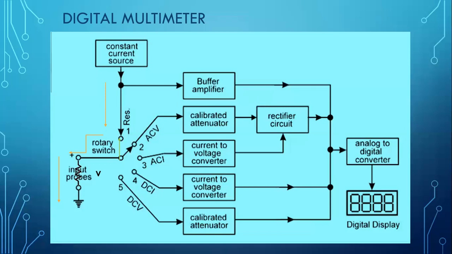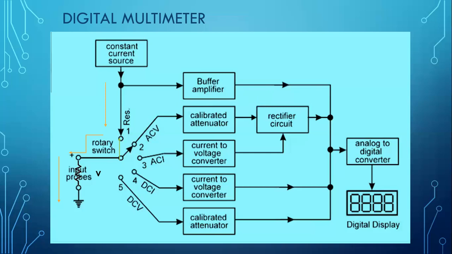The analog to digital converter converts that analog voltage into a proportionate digital signal, which is supplied to the digital display, where the display shows us the voltage with the help of decimal digits.